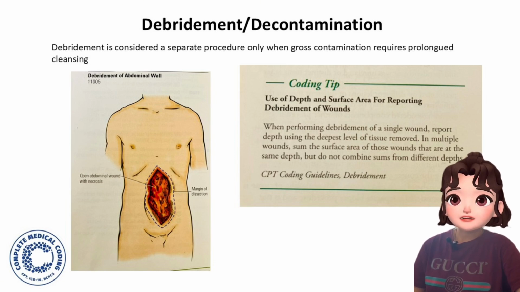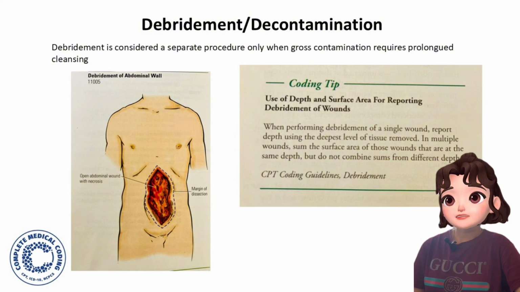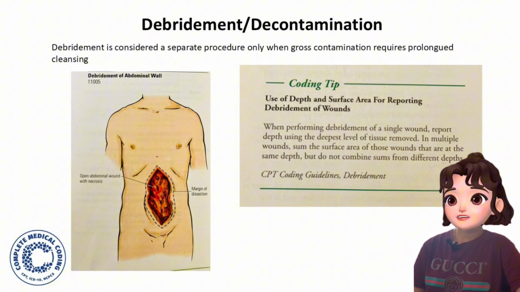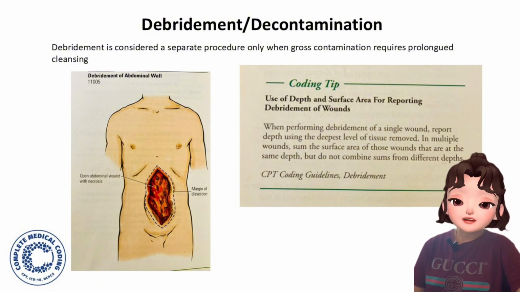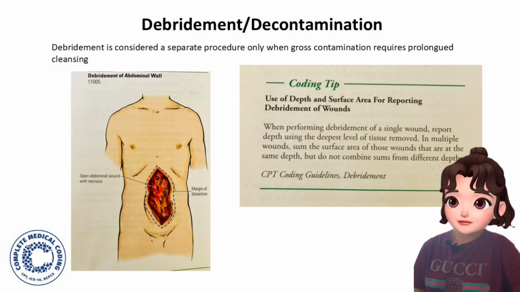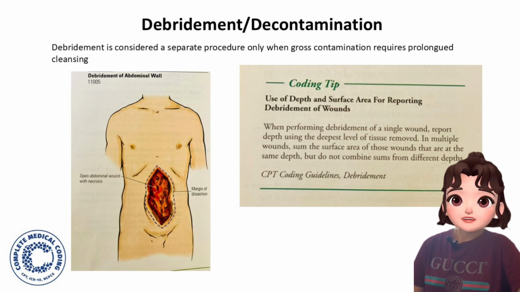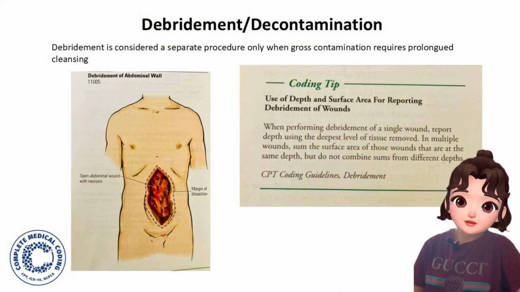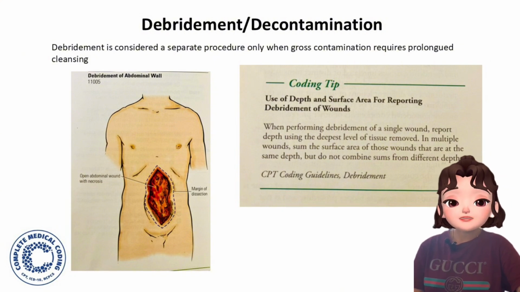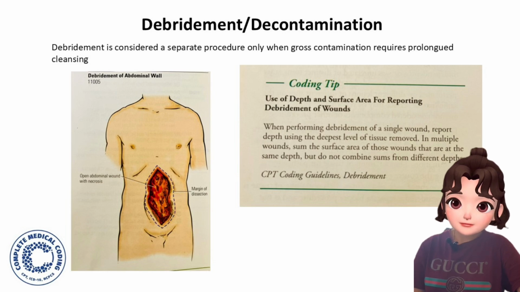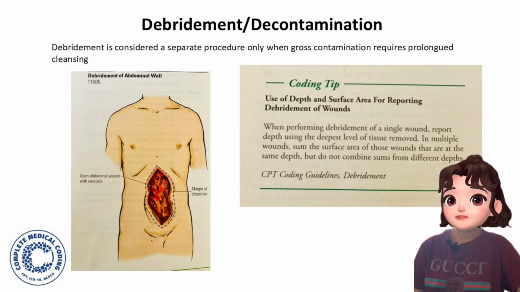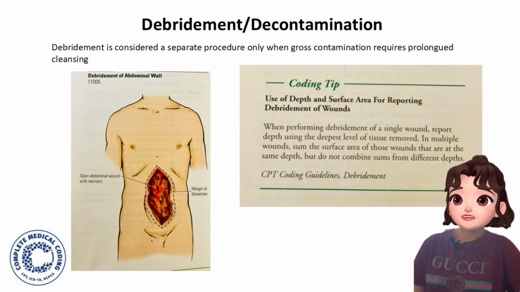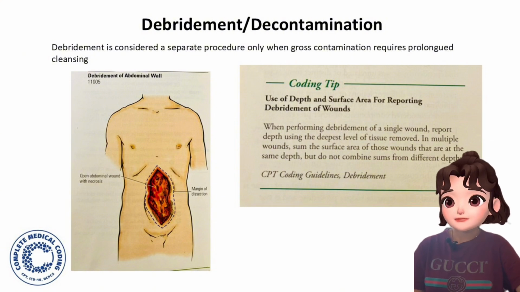Debridement is considered as a separate procedure only when gross contamination requires prolonged cleansing. If there is prolonged cleansing in the wound, at that time we can code debridement as a separate procedure. If it's a simple repair or simple debridement, we will not code it separately. So this is the coding tip. It is mentioned in the CPT code book as well.